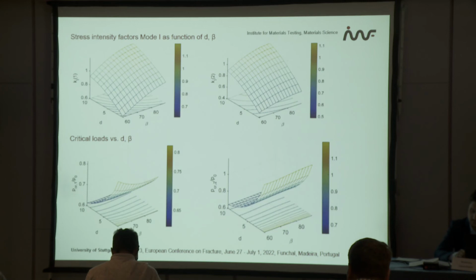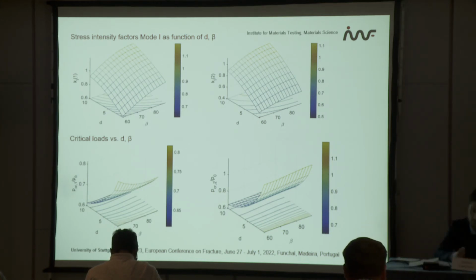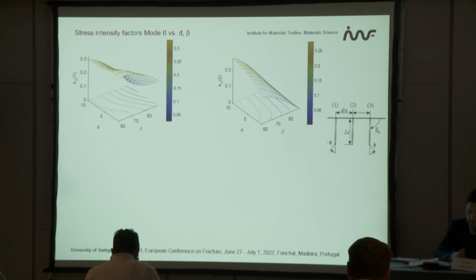Comparing K1 and critical loads for this crack system, we see that for critical loads the distance D has a big influence, but inclination angles not so much. And the less D, the greater the critical load. It means that the shielding effect is also observed in terms of critical loads.